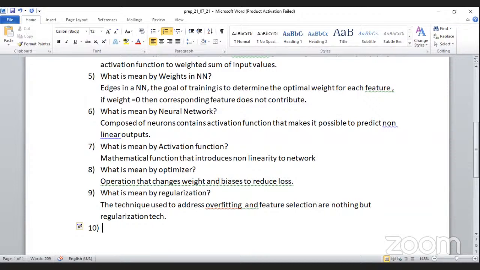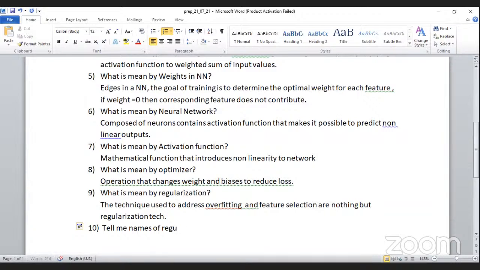So what are the different regularization techniques, tell me the names, as all of you are aware.